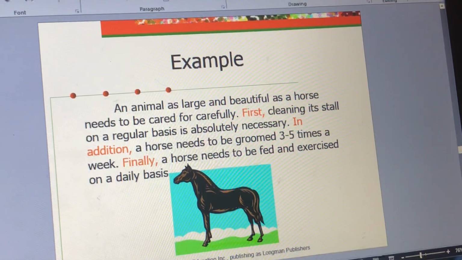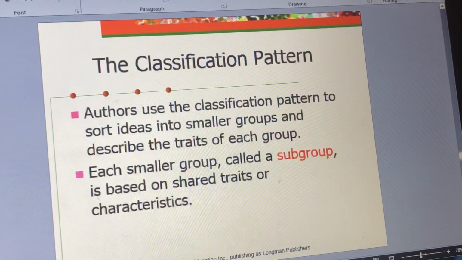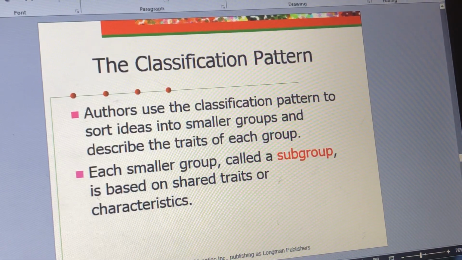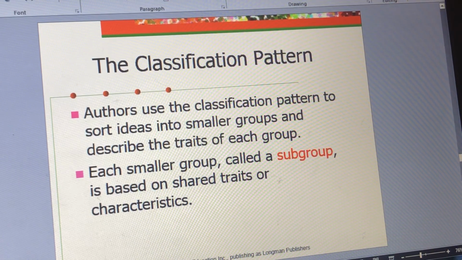Now the next one's going to be really important because it sets up our fourth essay, the division and classification essay. A lot of students say that this is the most difficult essay. This is the one I really like because it really forces people to think. With classification, what you're trying to do is sort ideas into smaller groups and then describe the traits of each group. We'll start this essay, I believe, next week.